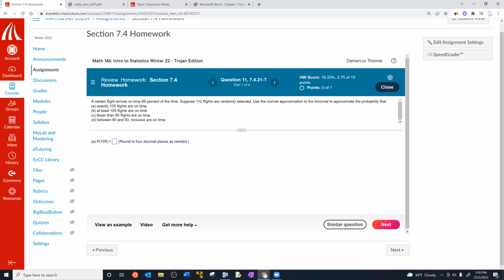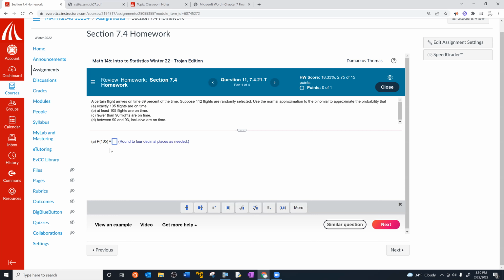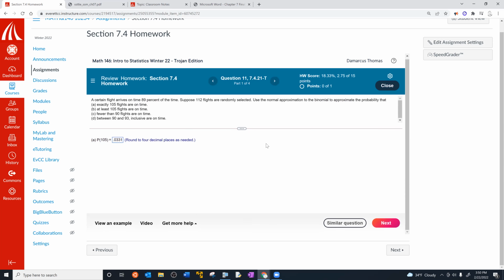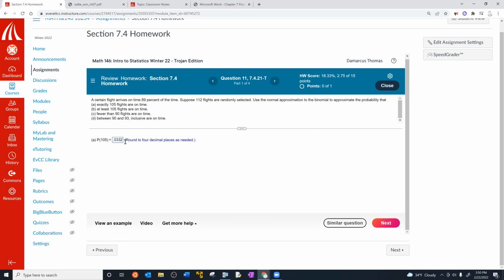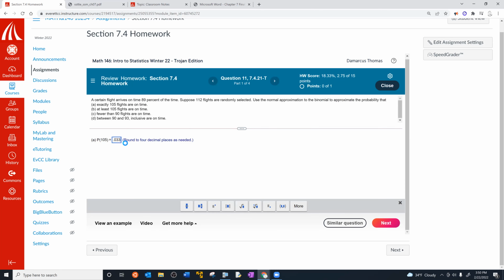The normal PDF should have given us the answer as 0.0331. Nothing. Maybe 3.2, maybe just 3, nothing.